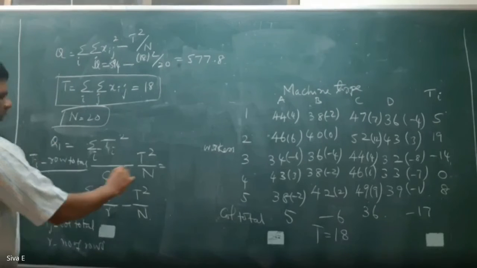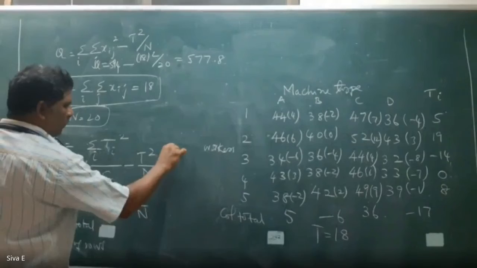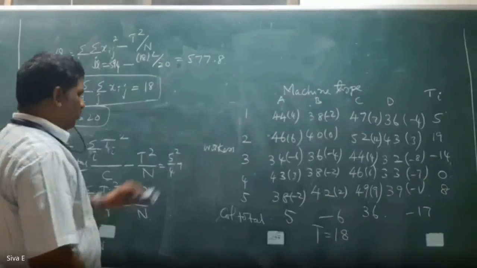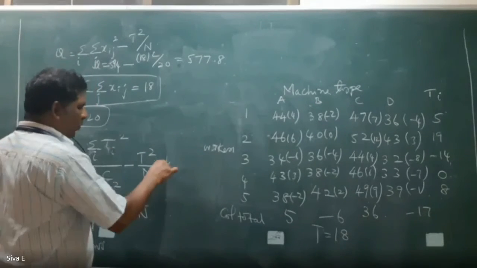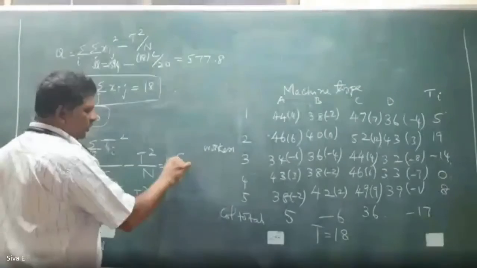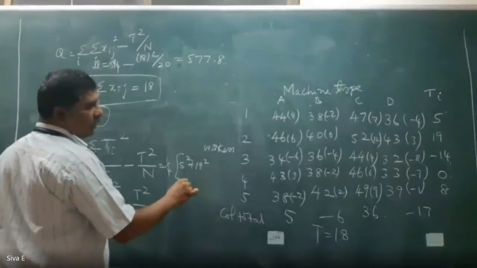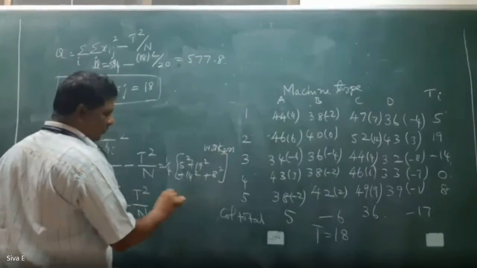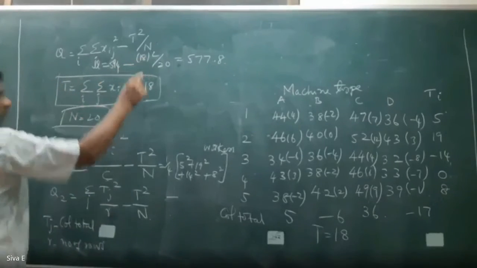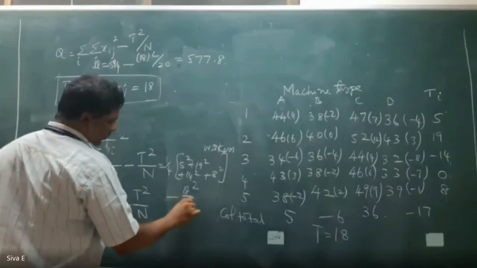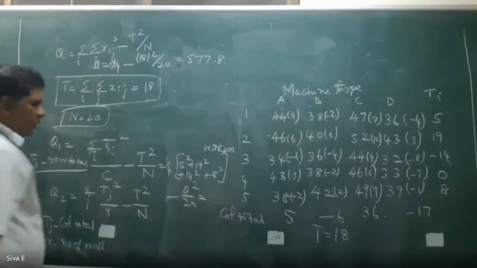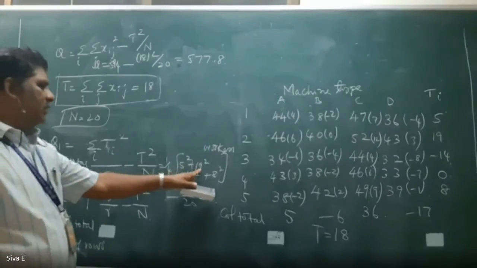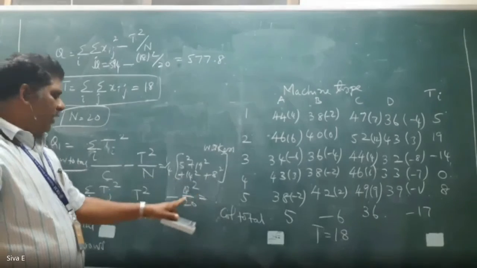So for Q1 I'm writing 5 squared by 4 plus 19 squared by 4. 4 is common for all the values, so take 1 by 4 outside: 1 by 4 into 5 squared plus 19 squared plus 14 squared plus 8 squared, minus 18 squared by 20. What is the value of this?